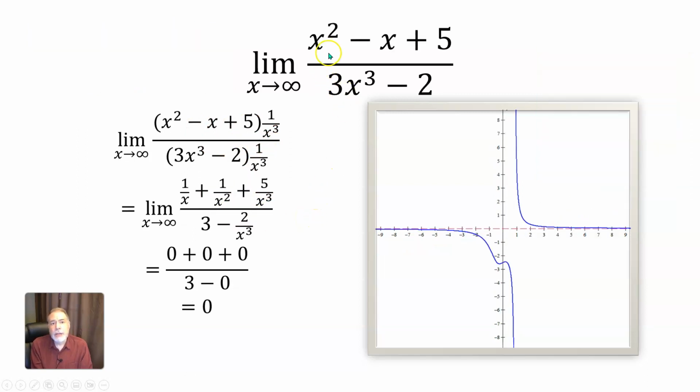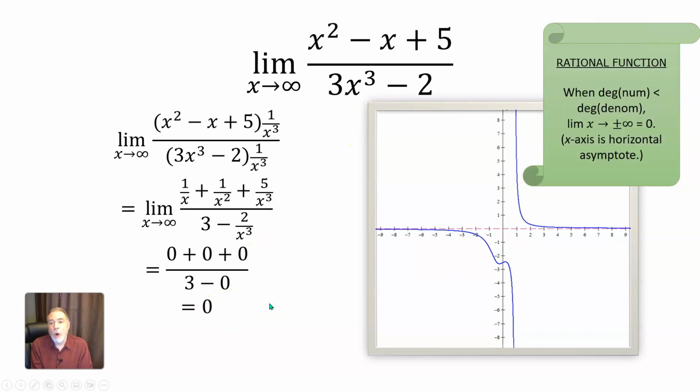On the other hand, remember what happened here where the degree of the numerator was smaller than the degree of the denominator. 2 on top versus 3 on the bottom. Then we got a limit of 0. And that always happens when you have a rational function where the degree of the numerator is less than the degree of the denominator. Then the limit as x approaches either positive or negative infinity is 0.